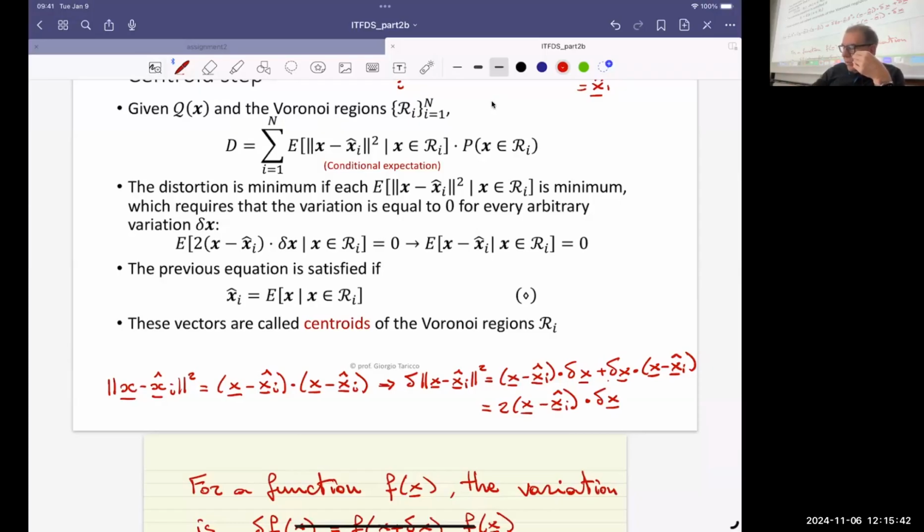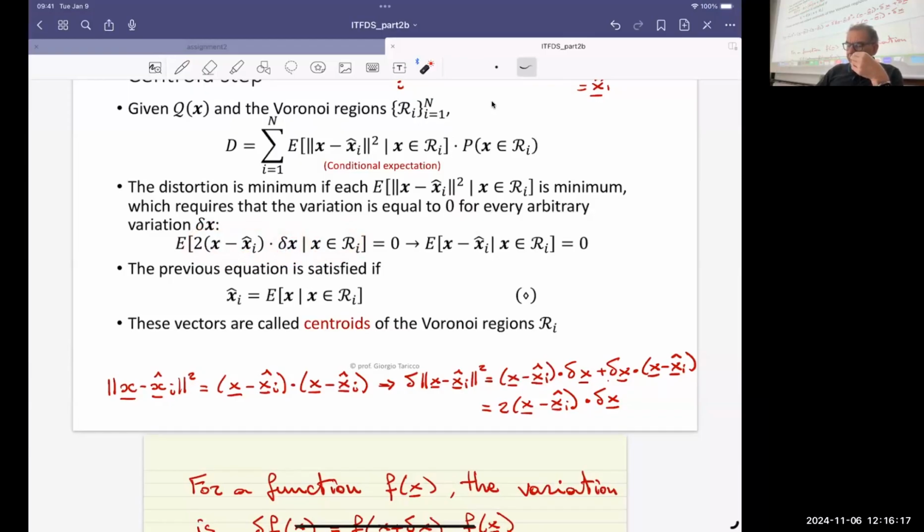In this way, by taking the variation under the derivative, we arrive at the expectation of 2 times x minus x at I scalar delta x. This expectation is conditioned on the fact that x belongs to the region R sub I, and this is equal to 0 for every delta x.